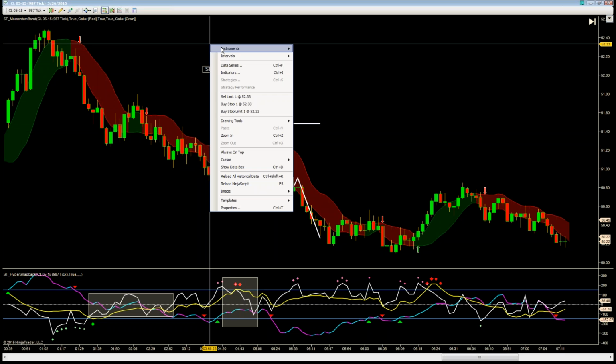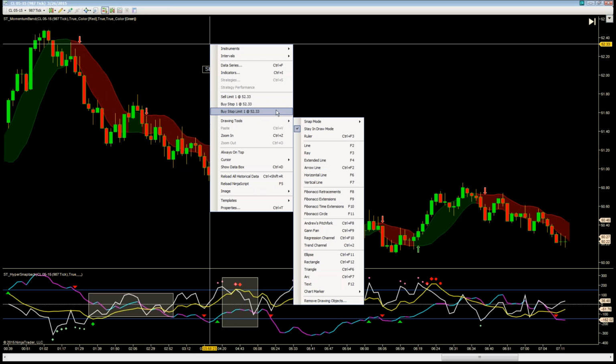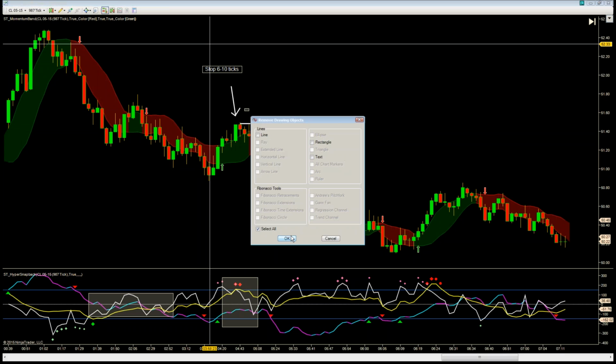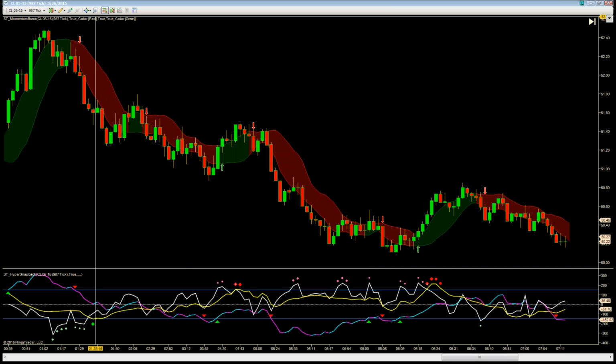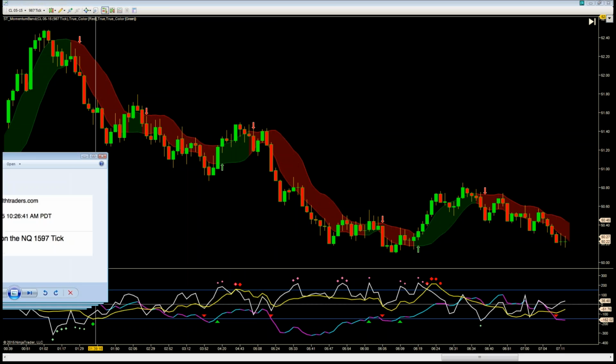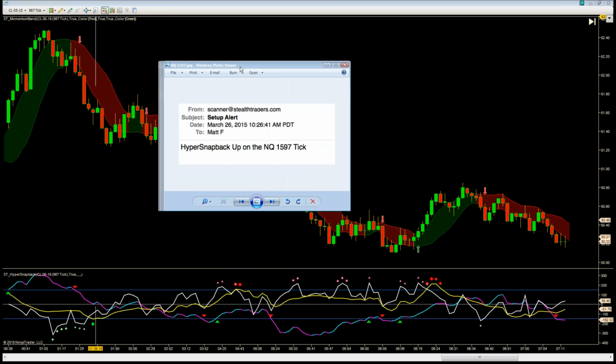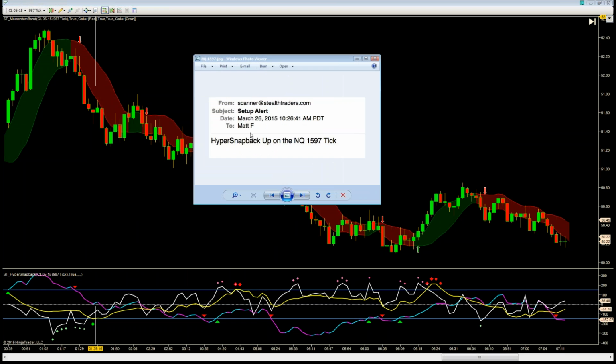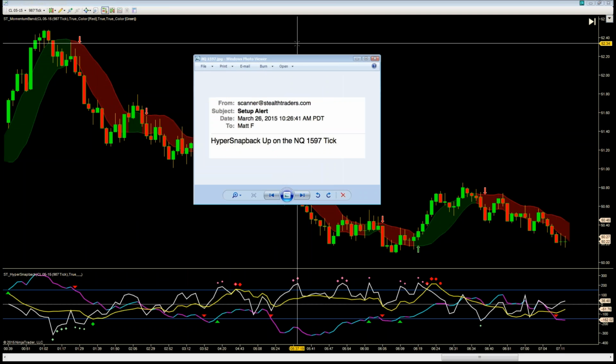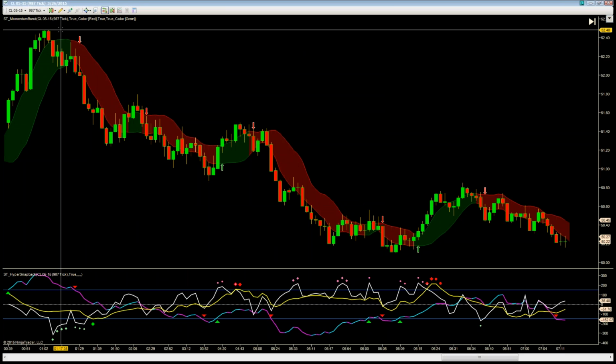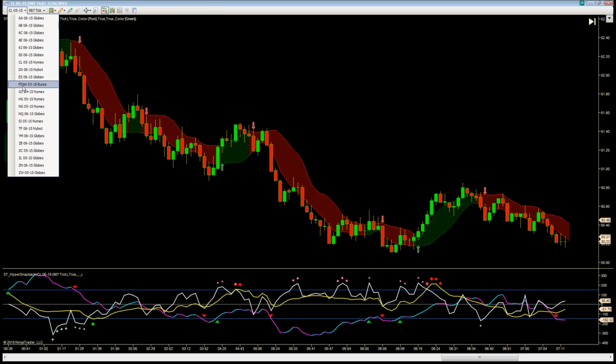Let me just erase the drawings on here. Well, here's a trade that we have sent to us via the Stealth Scanner. It's a HyperSnapback up on the NQ at 1597. So let's go to, that's the NASDAQ.